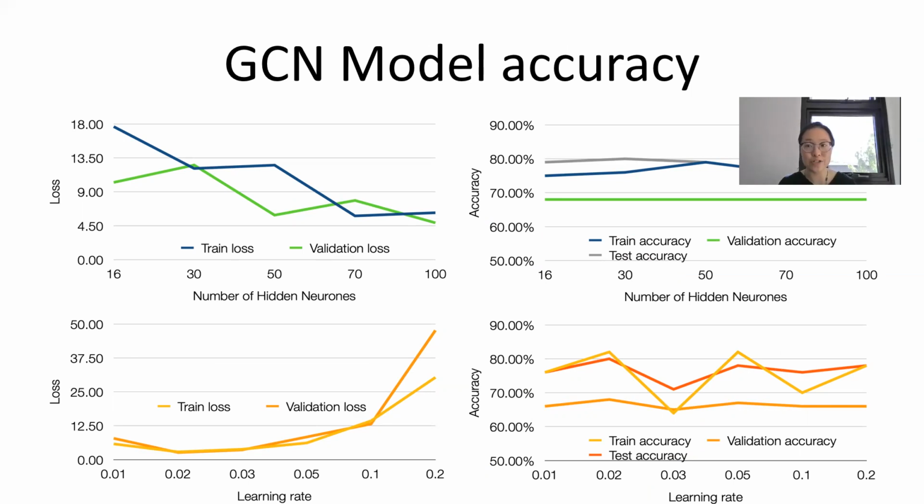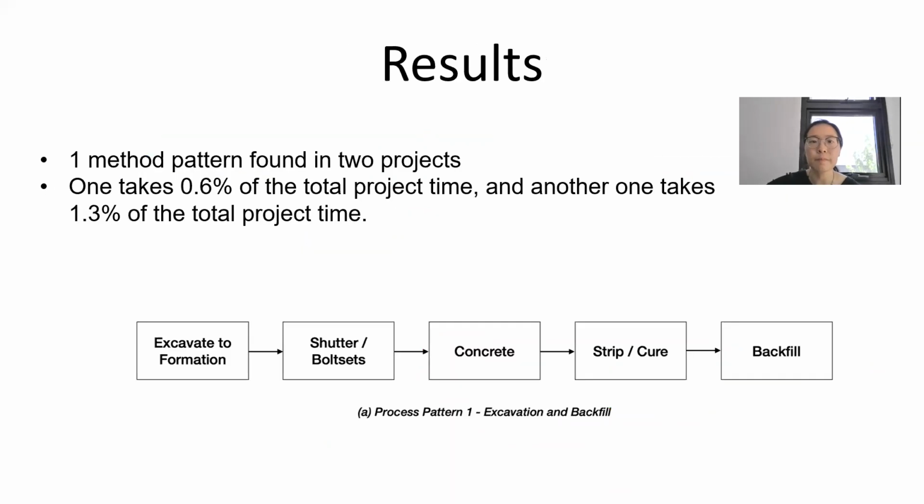The first one is the number of neurons in the hidden layer, and the second one is the learning rate. Eventually, we found that the model with 60 neurons in the hidden layer at a learning rate of 0.02 showed the best performance in terms of the loss and F1 accuracy.